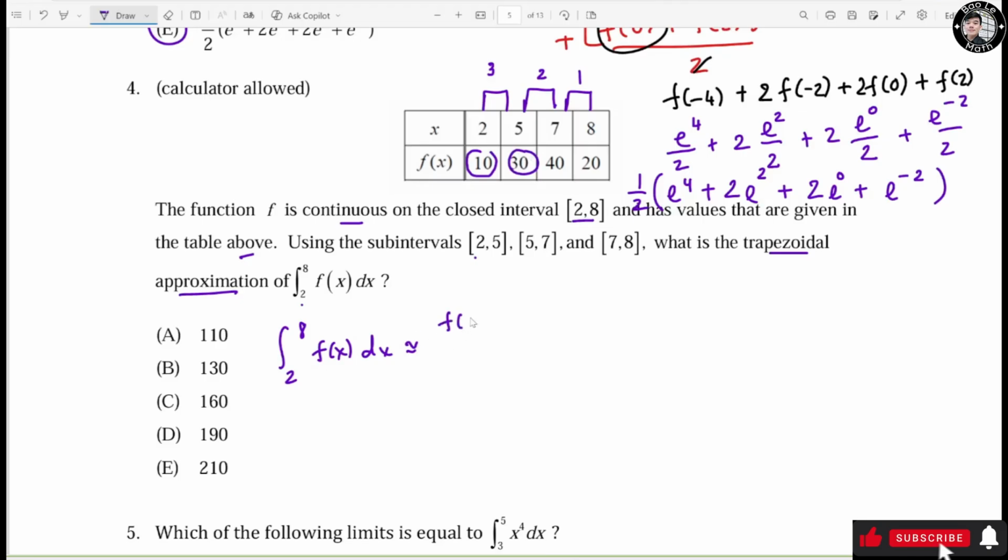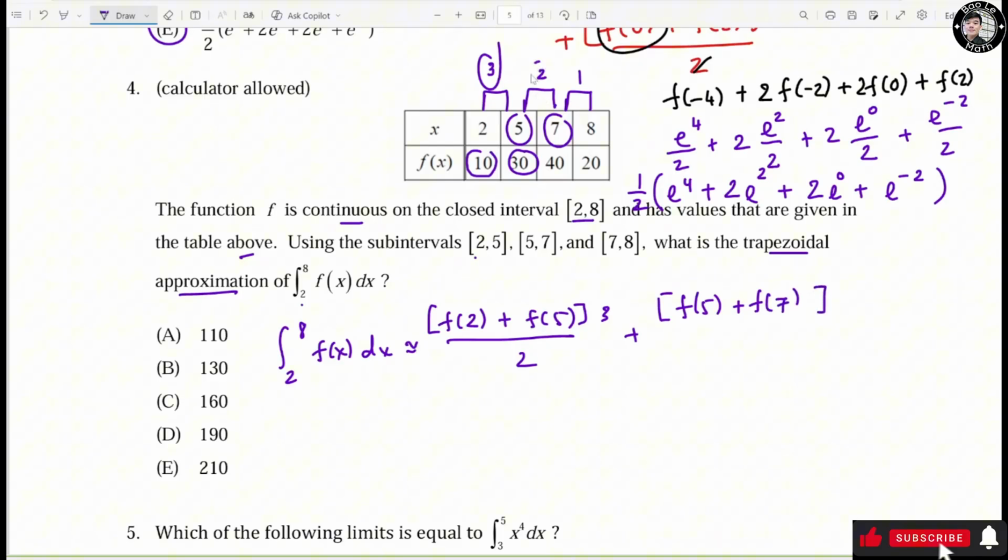So we have f of 2 plus f of 5 times the height right here, 3 divided by 2, plus the second one, f of 5 plus f of 7 times the height right here, 2 divided by 2.